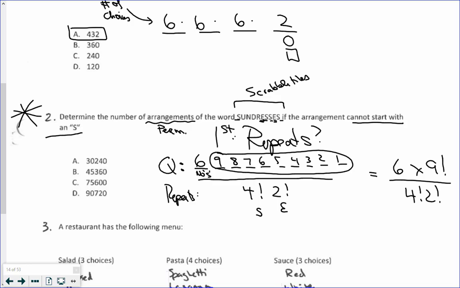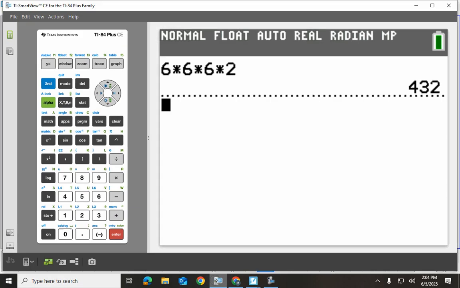Okay, to punch this thing in on your calculator, you got to put brackets around the top and brackets around the bottom. So 6 times 9 factorial.